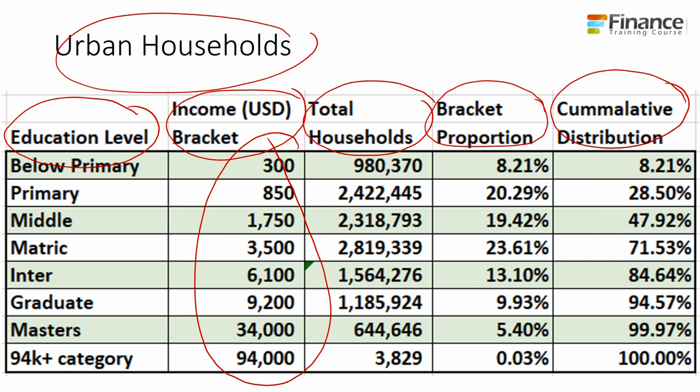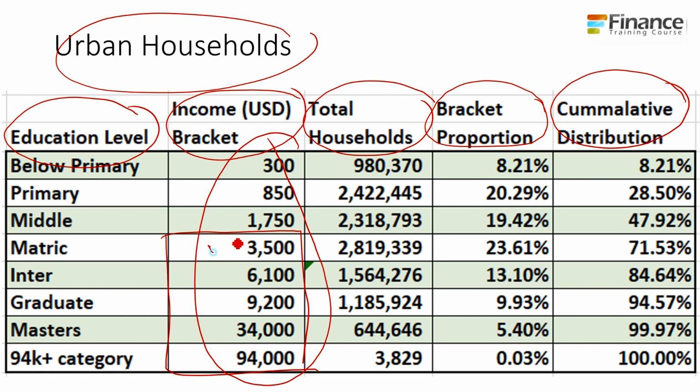So for example, if you want to ask yourself a simple question, what is the proportion of Pakistani population that earns more than $3,500 a year, that would represent this specific segment. So more than $3,500 includes the $3,500 bucket, inclusive, the $6,000 bucket, the $9,000 bucket, the $34,000 bucket, and the $94,000 bucket.